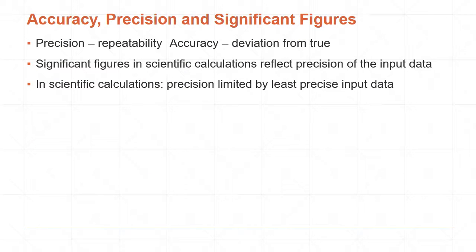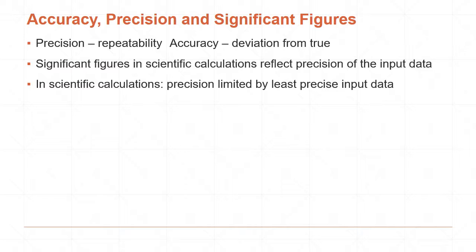Now let's quickly discuss the difference between precision and accuracy. Precision simply refers to repeatability. So it has nothing to do with how close your answers or your data would be to any sort of true or known value. It's simply how repeatable your measurements are.